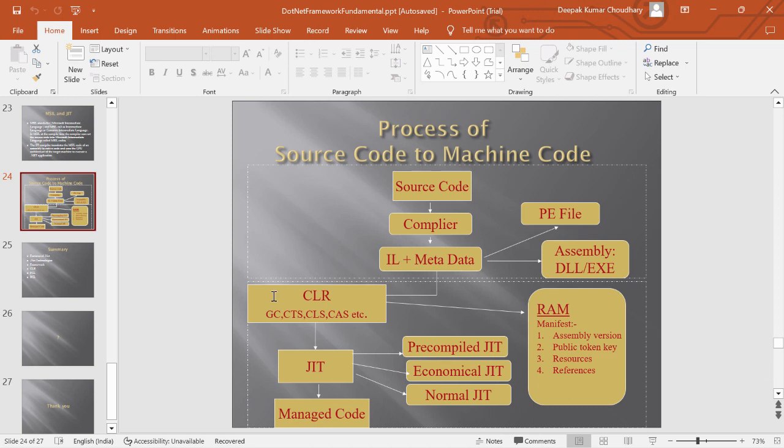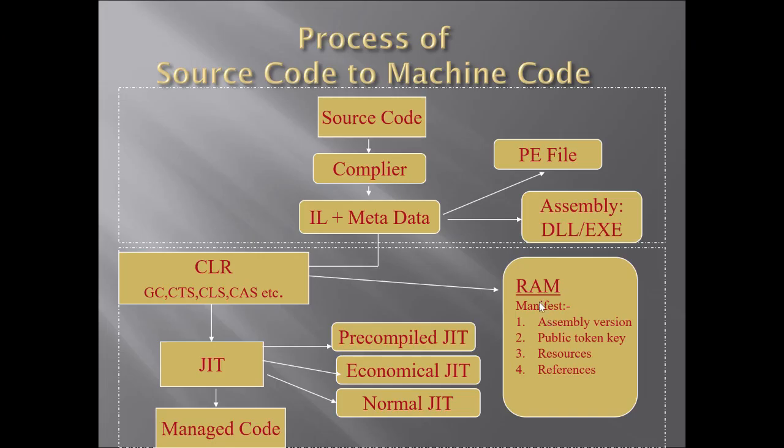In this video, I'm going to explain how, in .NET technology using the C Sharp language, the source code is converted by the compiling environment to machine code, or we can say managed code.